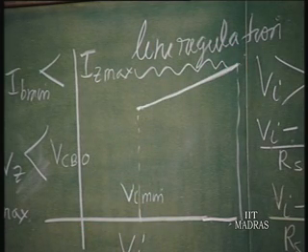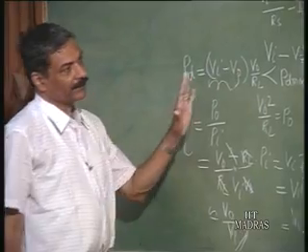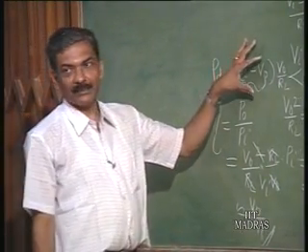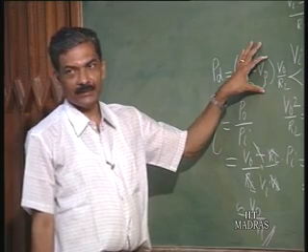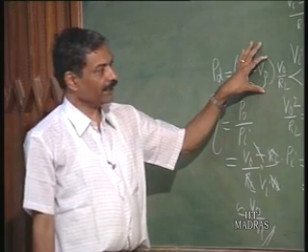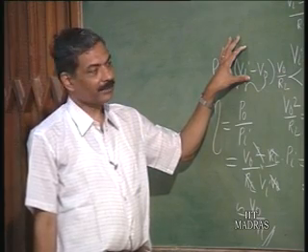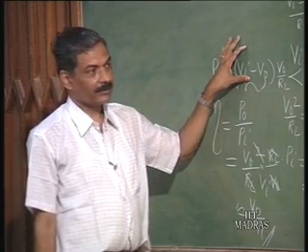So, we have now established what the efficiency of this circuit is, and what the maximum power dissipated for the device is, from which we can get V I max as far as this circuit is concerned.